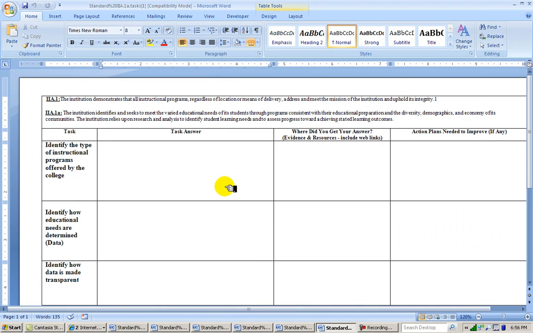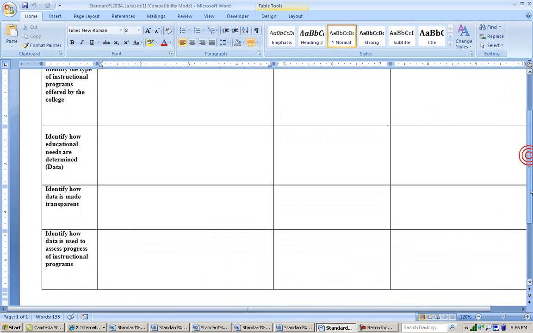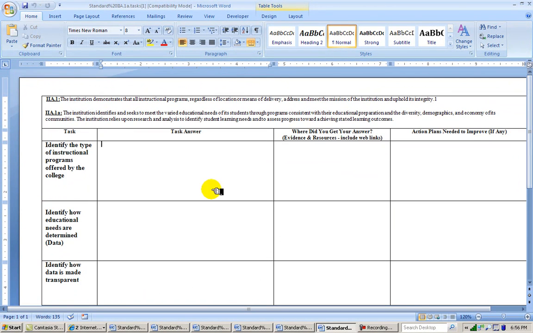So based on the answers of past evaluations from other colleges, there are 4 tasks that they're asking you to do. So for example, identify the type of instructional programs offered by the college. You would want to look at what instructional programs Leeward offers. You would then answer that question.